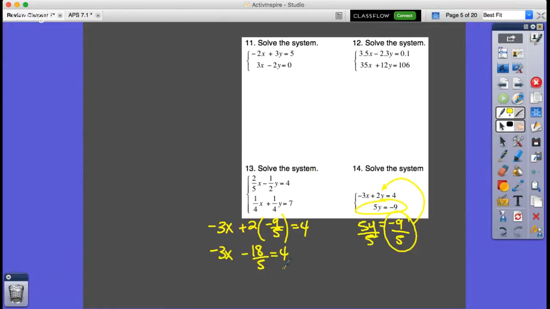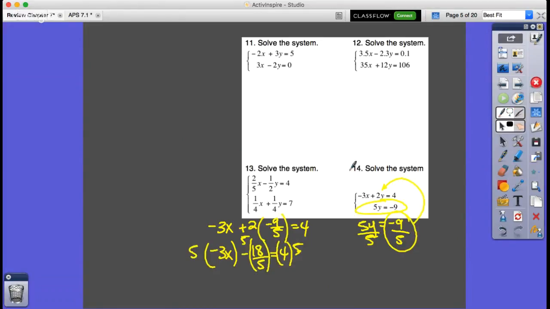Now, just like I did earlier, it is very possible that since this 5 is here, I could multiply all 3 of these values by 5. That's very, very possible. And in fact, I could do that. So multiply this by 5, what I do to one side, I can do to the other. As long as I do it to the same side, we're good.